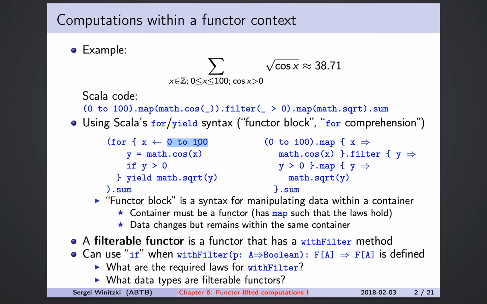So this value is the sequence from 0 to 100, and as we know, sequences are functors. To the left of the arrow is a variable, or more generally a pattern with pattern variables. In these examples we will only use simple variables to the left of the arrow, but it can be a pattern match.